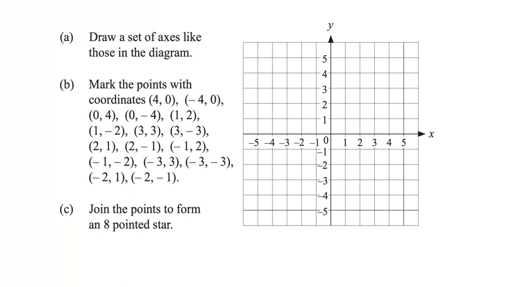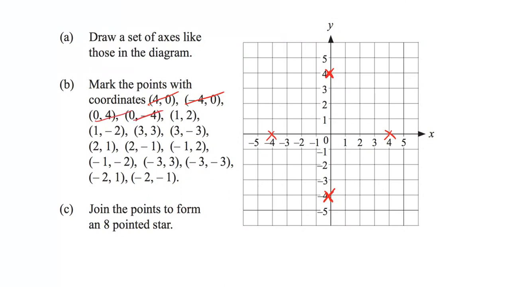So (4, 0) means 4 across and 0 up. (-4, 0) is at -4 across and 0 up. (0, 4) is up here, because we don't move left or right. That first one is 0, and we go 4 up. (0, -4) is there. Okay, so that is the first four done.